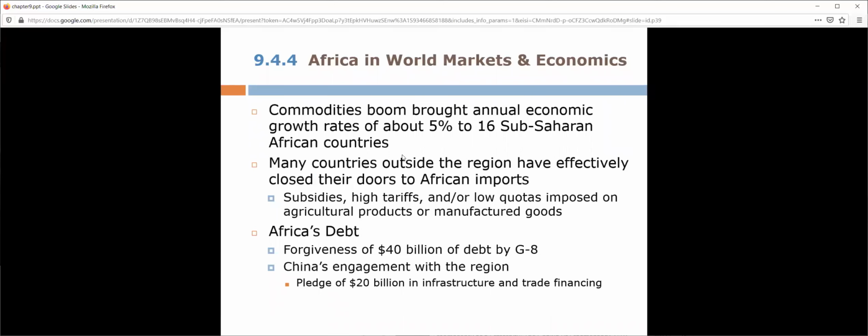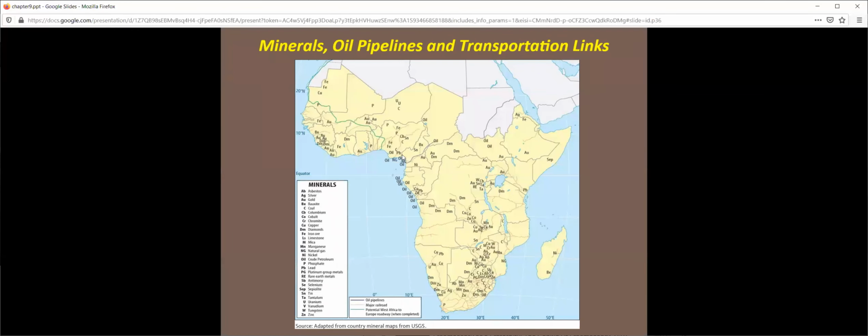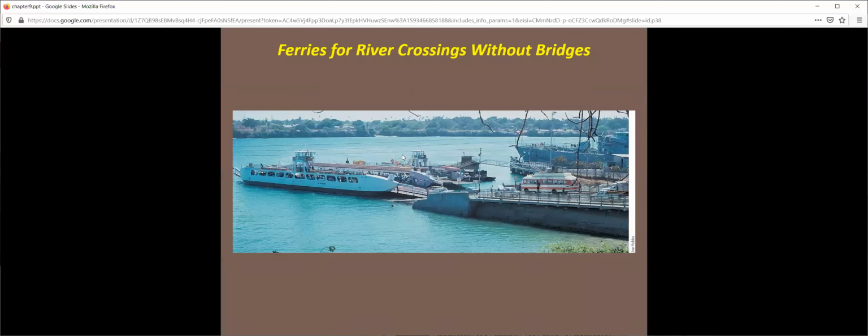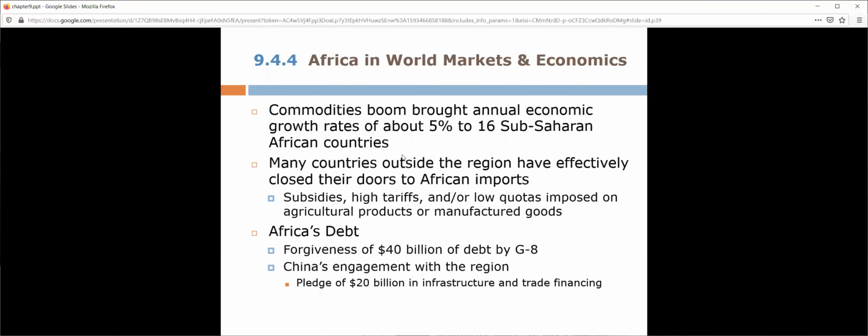Right? We talked about this a bit when we talked about Asia, but China has been spending a lot of money in Africa, right around the Horn of Africa and over there by the gold and places like that. China is building large transportation and infrastructure developments.